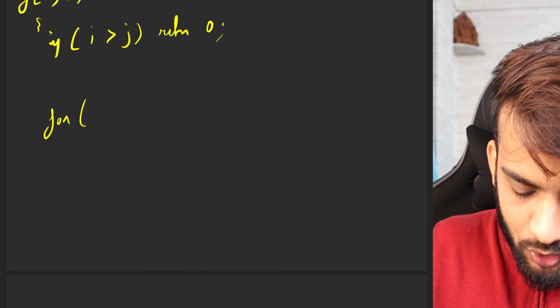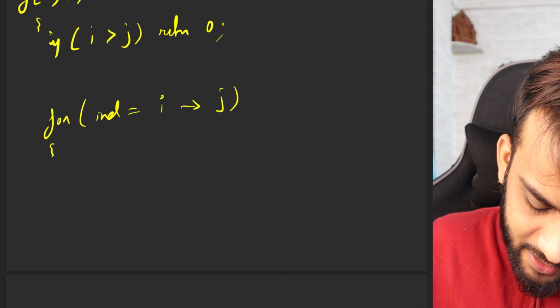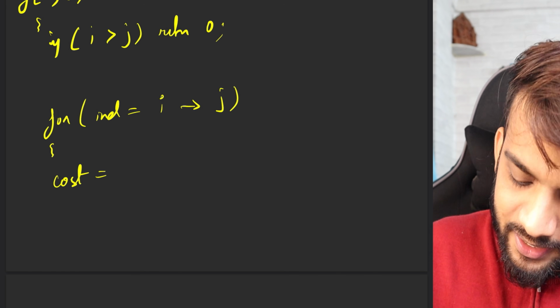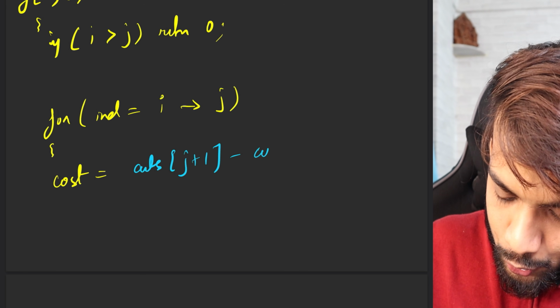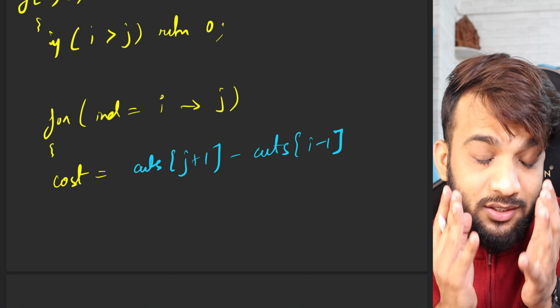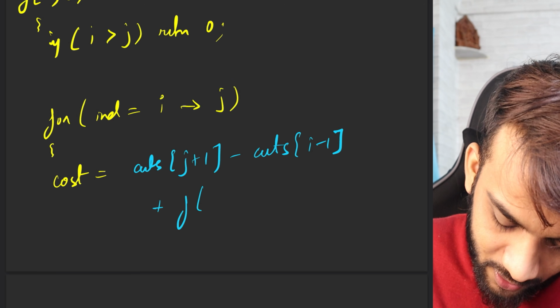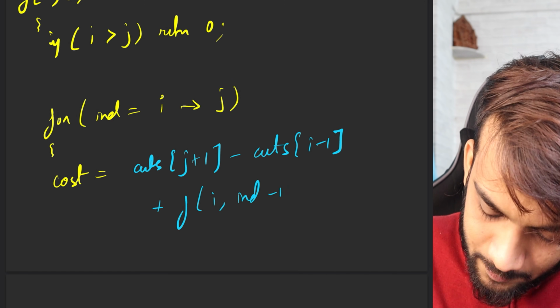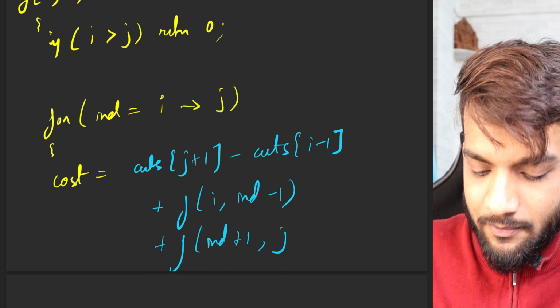I know one thing for sure. I can take anyone from I to j. And when I'm taking anyone, the costing that I'll incur is cuts of j plus 1 minus cuts of I minus 1. I've already showed you why, and I'll prove it again. This is the cost if I cut it at that index. And I have to solve the left guy, which is f of I, index minus 1. I have to solve the right guy, which is index plus 1 comma j, for sure.